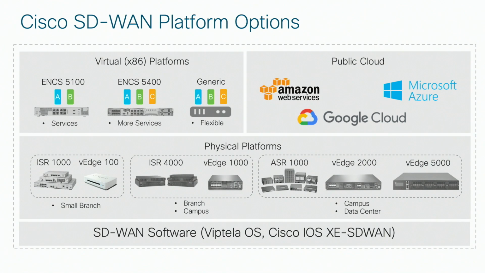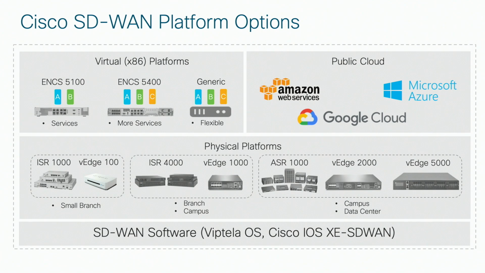It's more predictable, more recognizable to the network teams. They have operational procedures around that, so they don't want to disturb that. They want to continue consuming it in a physical form factor. Because we're talking about iOS XE SD-WAN, in this session we're going to focus on the Cisco ISR and ASR platforms, which run the iOS XE software.